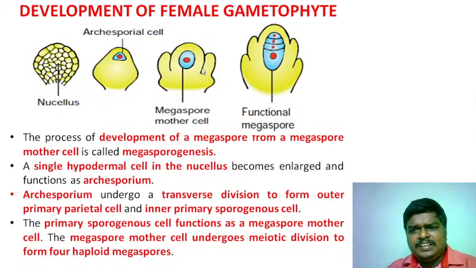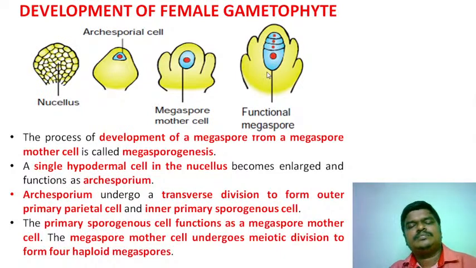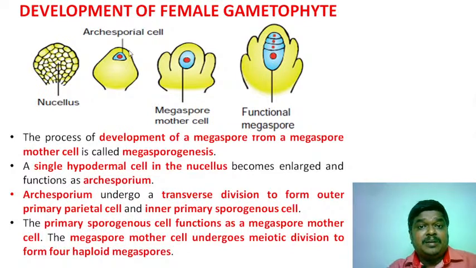This megaspore mother cell will undergo meiotic division and form 4 cells. One cell of the nucellus enlarges and becomes archesporial cells.